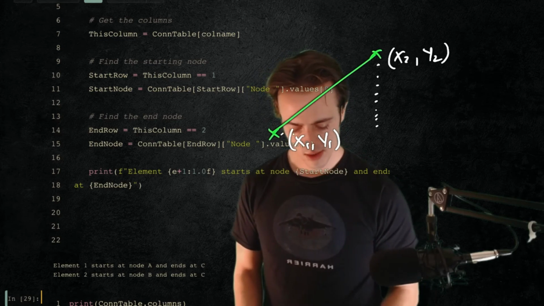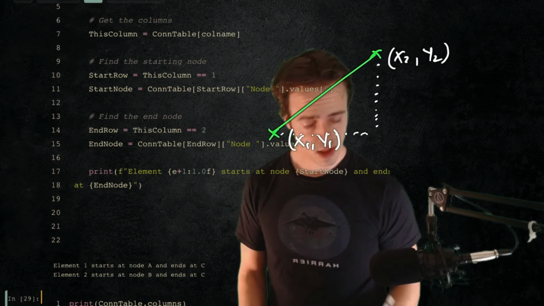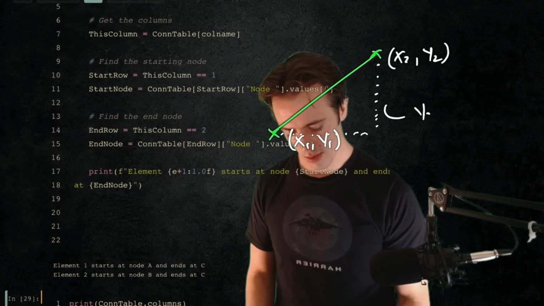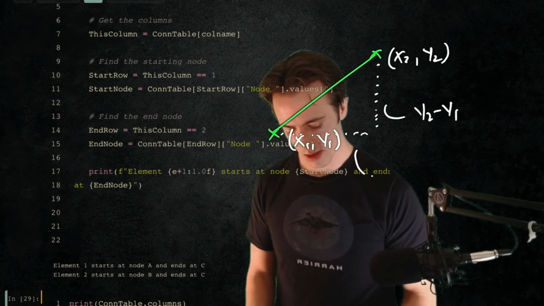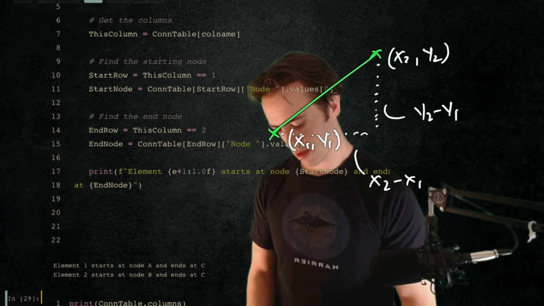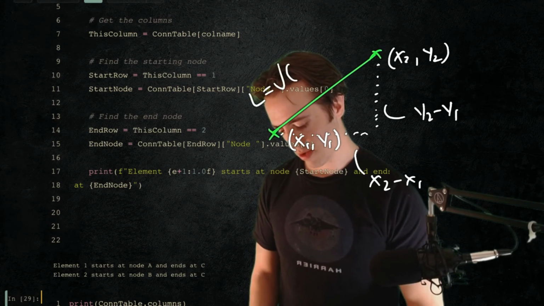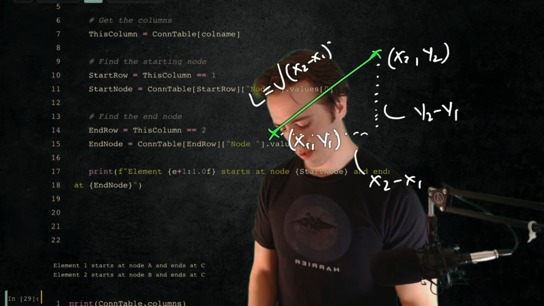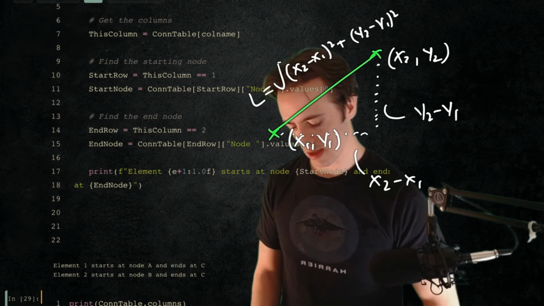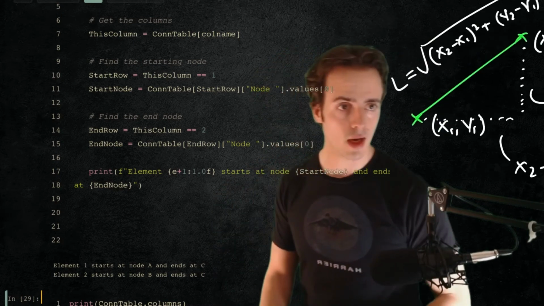Okay, this is always going to be a right angle triangle. So here, this is going to be y2 minus y1, x2 minus x1. That is going to be equal to the square root of x2 minus x1 squared plus y2 minus y1 squared. Okay, so I can always do that, and I can get those elements.